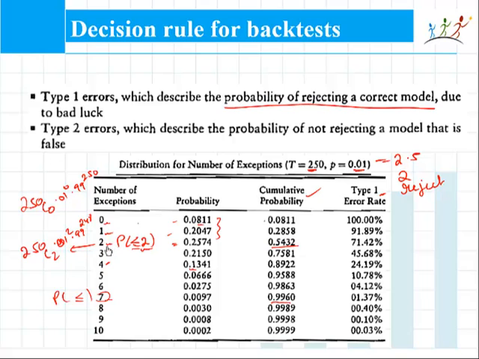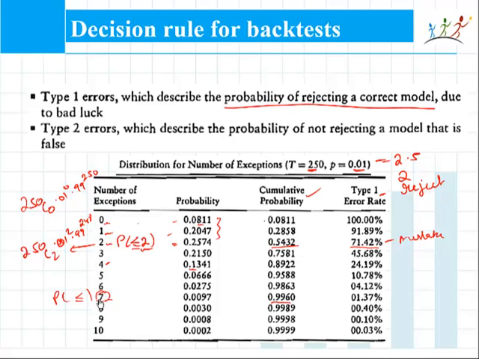So we saw only 2 exceptions and we rejected the model. In such a case, there is a 71.42% chance that we are making a mistake, or we shouldn't have rejected. There's only a 30% chance that we are doing the right thing, because 30% of the times there are 1 or less exceptions.